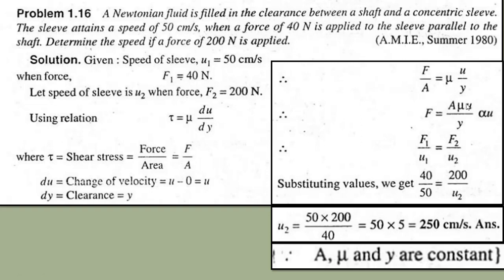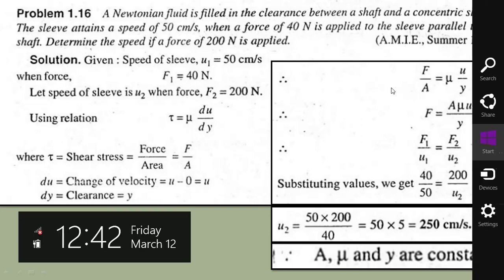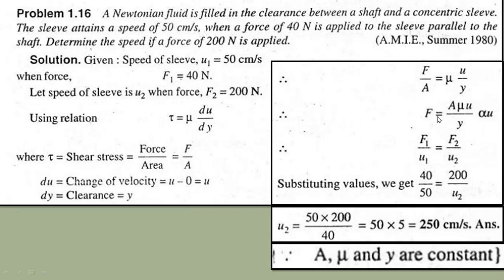Correct? So here, F divided by A is equal to mu u by y, and this A we put on this side. So A, mu, y are the constants. So F divided by u, putting the velocity u here, it will come down: F divided by u is equal to constant.